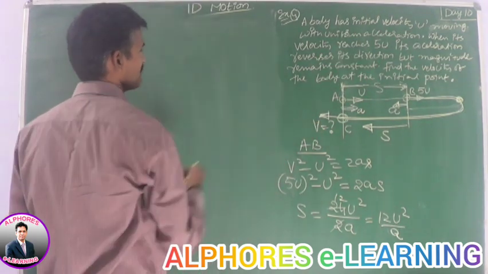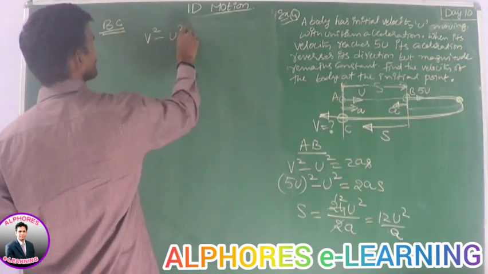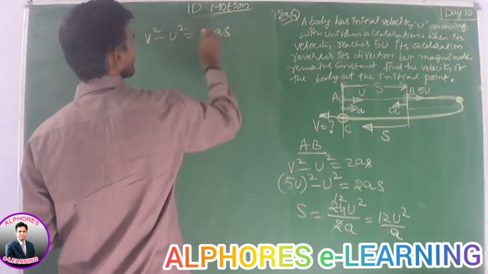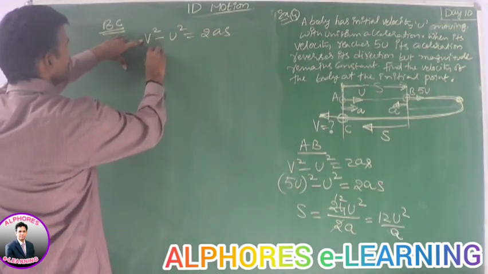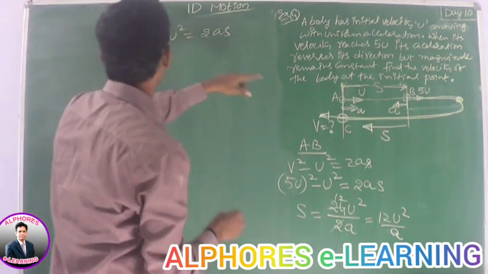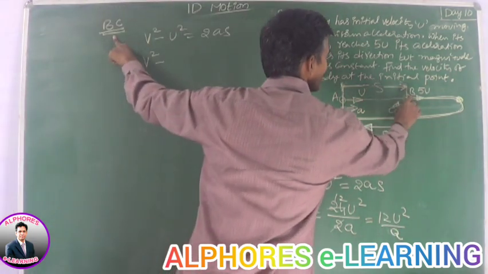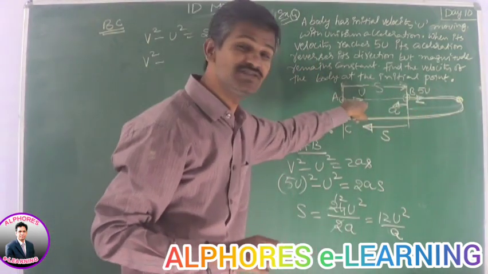We have to find the final velocity. So again I am using v square minus u square is equal to 2as. Here I have to find v. For this BC journey, the initial velocity is 5u. For the AB journey, the initial velocity is u.